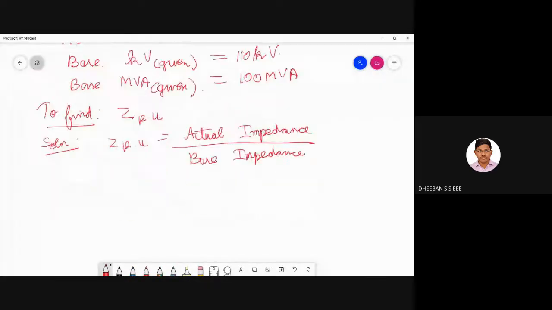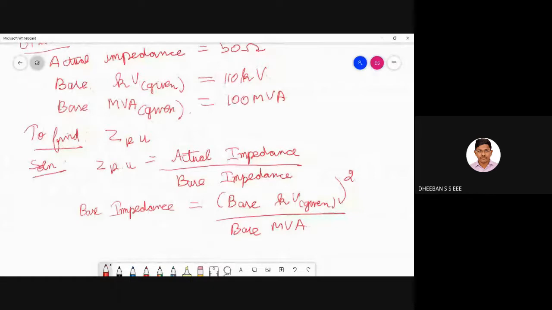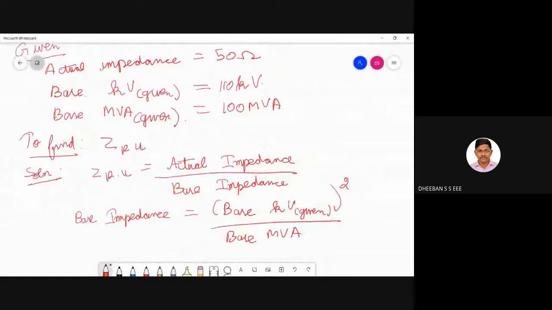Base impedance will be equal to base kV given the whole square divided by base MVA. So at first we find the base impedance value, and after finding it, you put it in the Z per unit formula and find the Z per unit. You just do the calculation and tell me the answer.